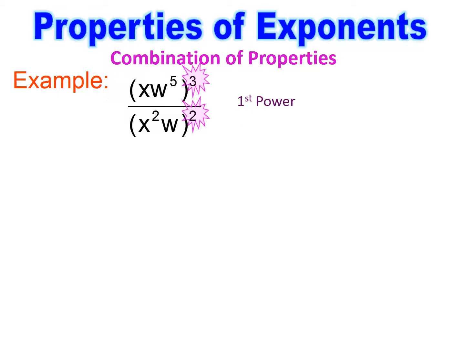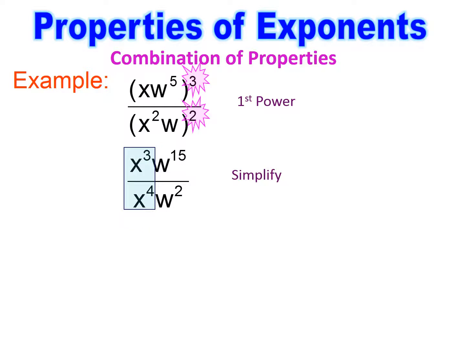I'm going to take that power on the top, I'm going to give it to everything inside, and end up with x to the 3rd, w to the 15th. That power on the bottom, I'm going to give it to everything inside, and I end up with x to the 4th and w squared, and now I can simplify. So you're reducing or simplifying using the division property.